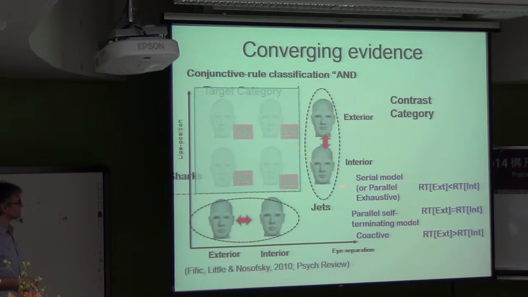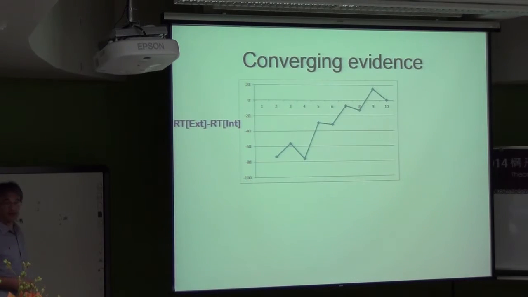What we're expecting to see as they progress in learning is movement from the parallel exhaustive mode to the coactive one. And if you look at the evidence, this is exactly what happens. We find the difference between external face minus internal face. On average, we see an increase in this difference, going to positivity, to the indicator of the holistic, the coactive signature.